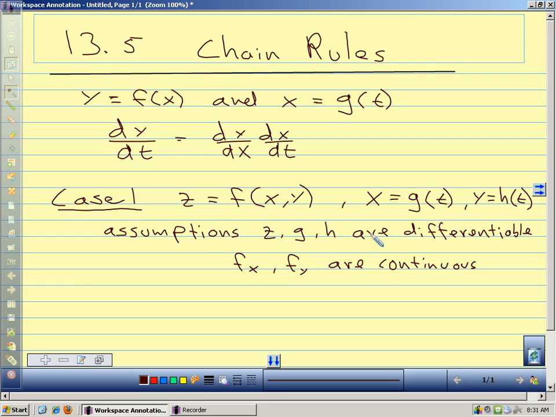This assumption guarantees us that for case 1, dz/dt equals dz/dx dx/dt plus dz/dy dy/dt.